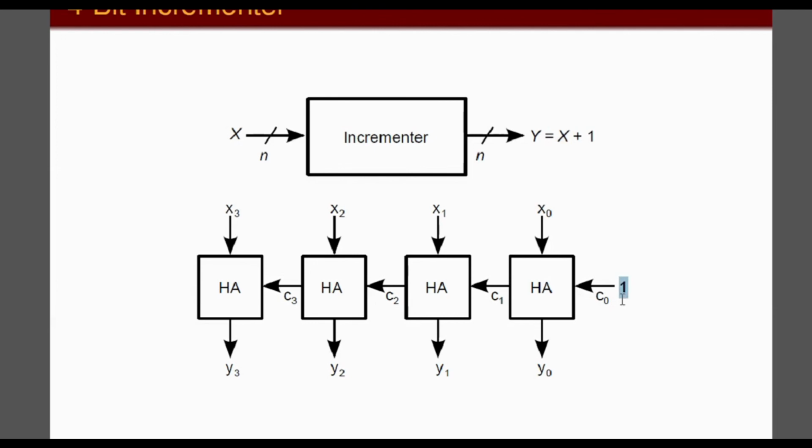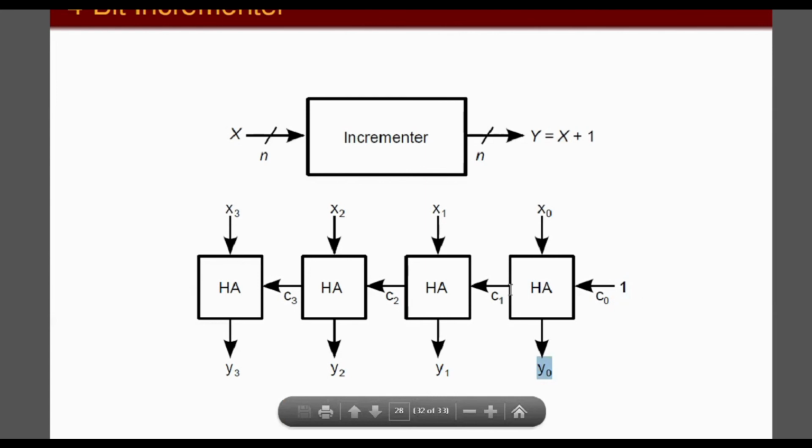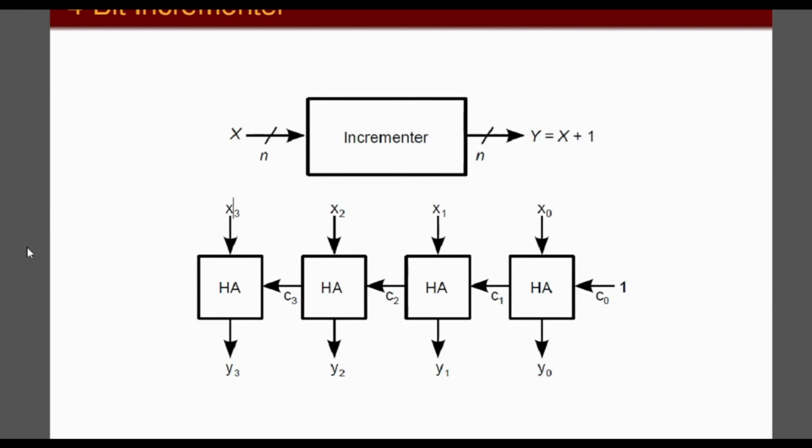0, 0, and this is 1, so that means it will be 0 plus 1, C will be 1, and then here will be 0, 0, 0. And then, for example, if this is 1, this is 1, this is 0, this is 0, then what will be the output?